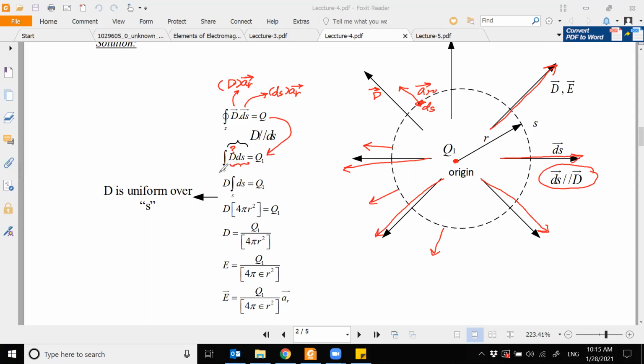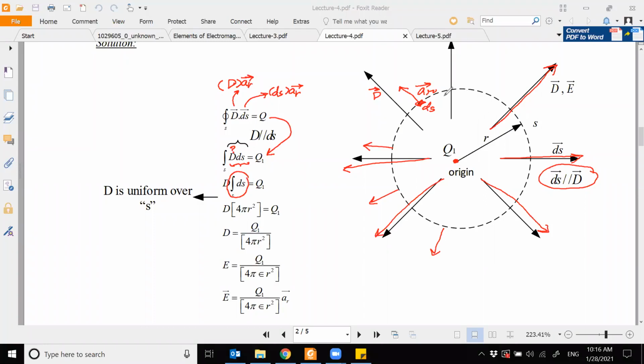This D can be taken outside the surface integral because if it is in the radial direction, it will not be a function of r over the surface. This is again coming from our chapter 2 and chapter 3. So if I take D outside, the surface integral of dS is equal to Q1.